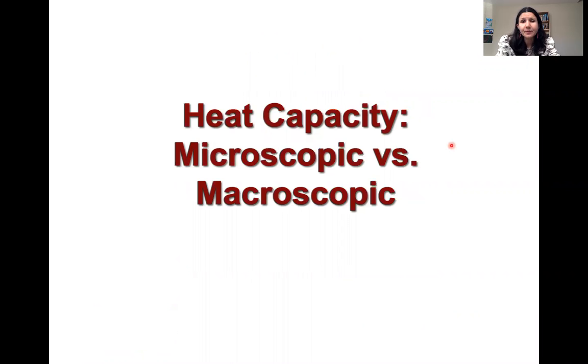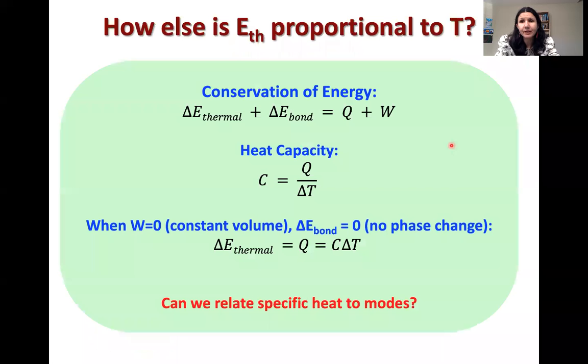Okay, so the microscopic versus the macroscopic description of heat capacity. Going back to E-thermal and what it's proportional to from the way we define it at the start of the quarter. First, let's start with our conservation of energy equation.